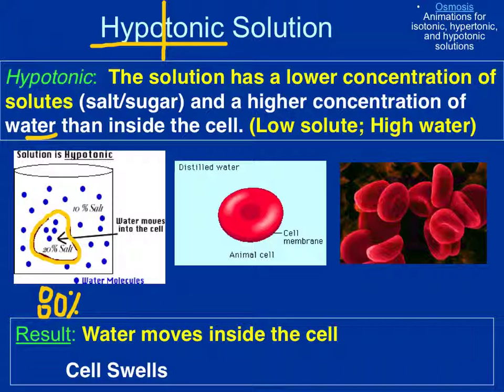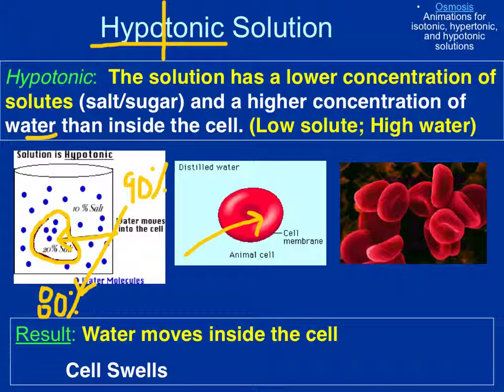And this solution that's outside of the cell, if it's 10% salt, then we can think in our mind that it's actually 90% water. Well, from what you've learned, which direction is water going to move? It's going to move from where it's more concentrated to where it's less concentrated. It's going to move from 90 to 80%. Therefore, in this example, it's actually going to move into the cell.